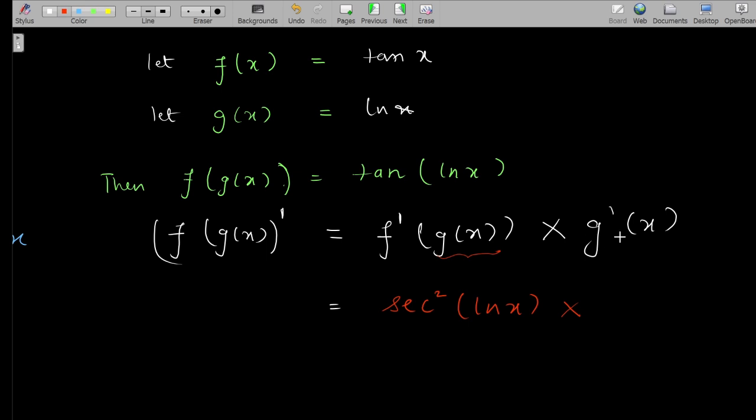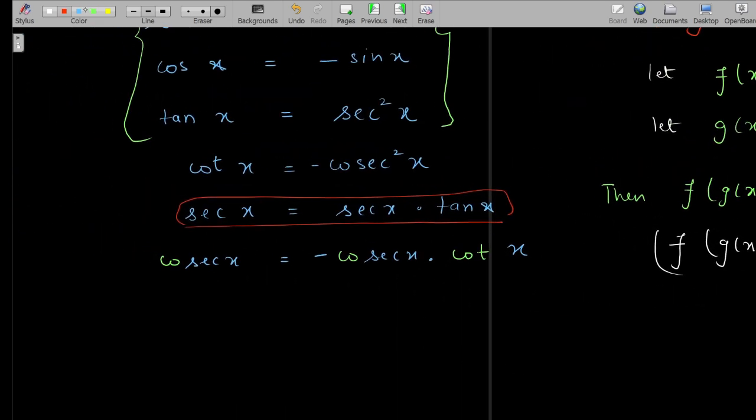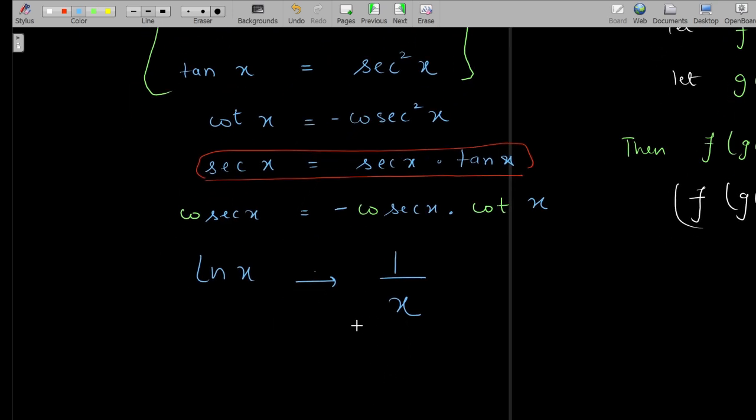Times the derivative of g of x. g of x is ln x. What's the derivative of the logarithmic function? You should also know that the derivative of the logarithmic function is 1 over x. And what's the derivative of the exponential function?